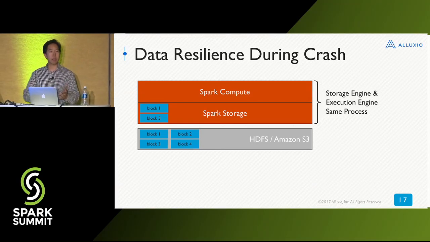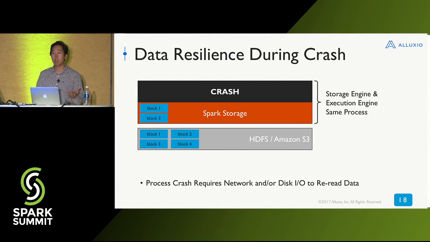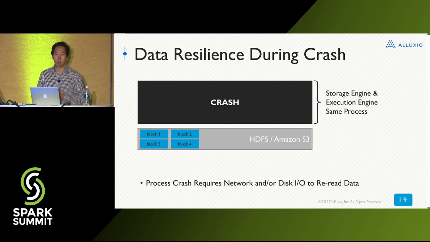Another way that Alluxio can help with Spark jobs is data resiliency with crashes. With Spark, unfortunately, there might be some bugs, or maybe some out-of-memory errors. If a Spark job crashes, it will wipe out the storage as well. The next time you want to run that job, it will have to read from the existing storage system, or from disk, or maybe from network, and it could slow down the job.